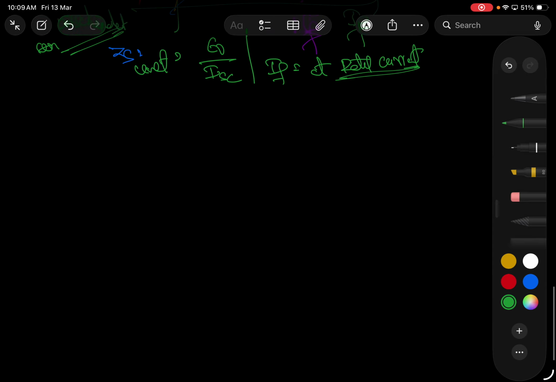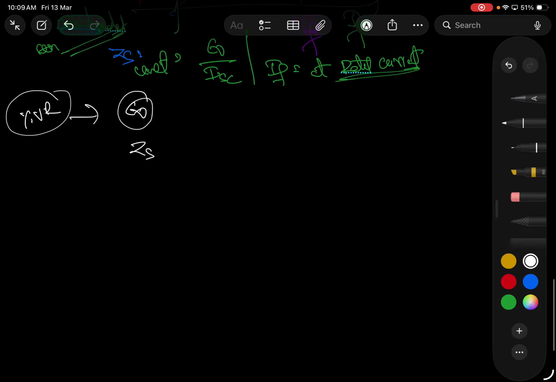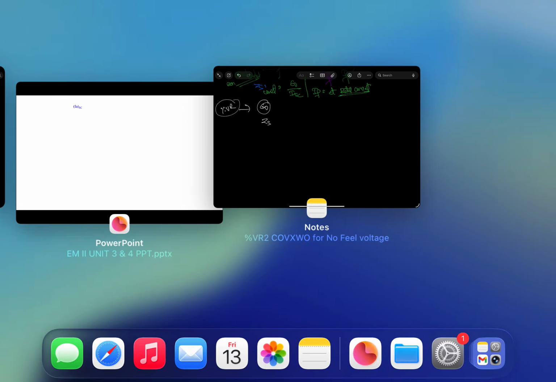Once ZS is calculated, ultimately what I need to find is the voltage regulation. In order to find the voltage regulation, I need to get E naught here. After finding ZS, let me use this.